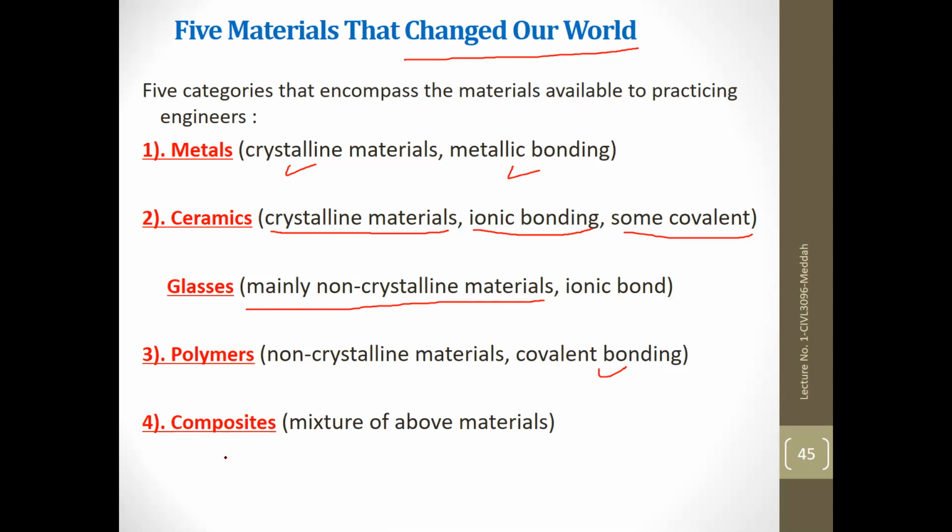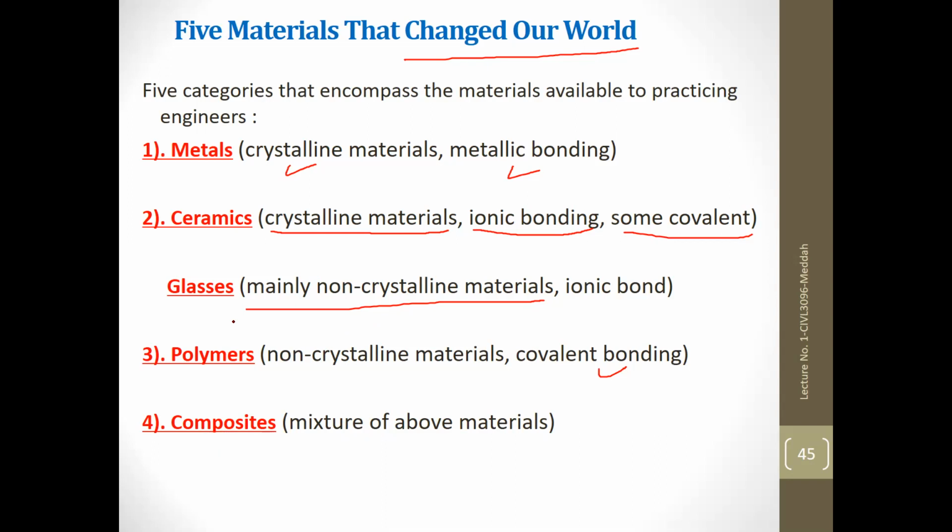The fourth category of materials is called composites, or composite materials. For composite materials, we cannot attribute a specific structure or specific chemical bonding. Why? Because they are composite. What we mean by composite here is a combination of two or three, but at least two.